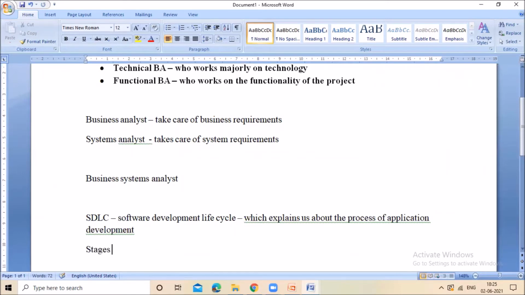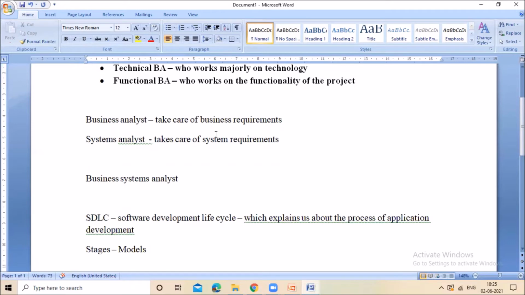Followed by those stages of SDLC, there are different models we use, like waterfall model, V model, agile. We use the waterfall model for some projects and the agile model for some projects. It depends on the requirements and the needs of the customer. Whatever model we choose, everything will vary from one another.